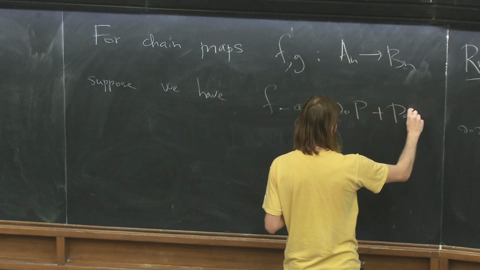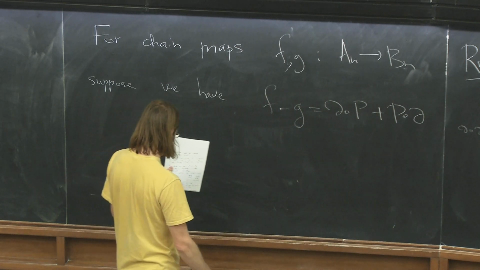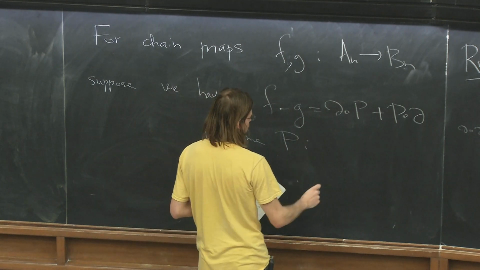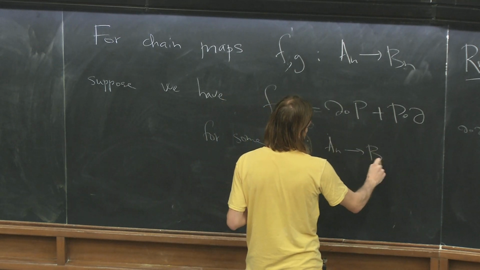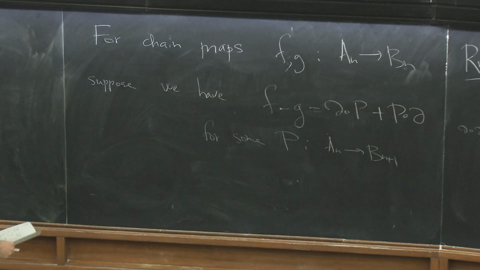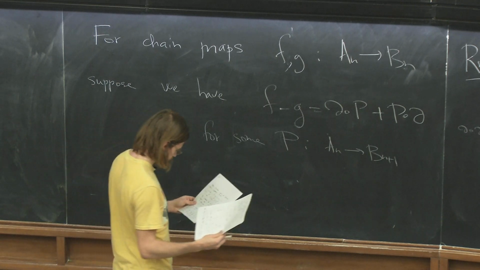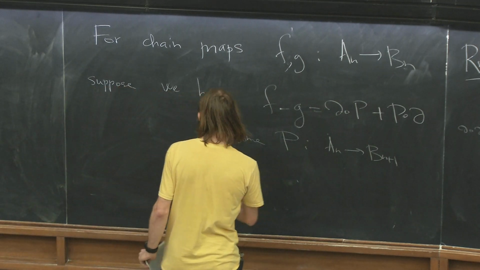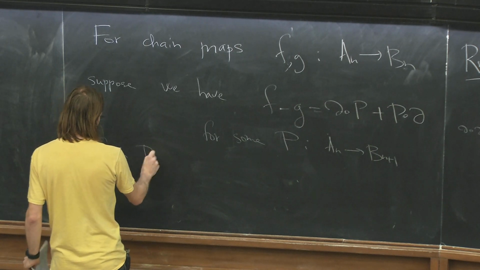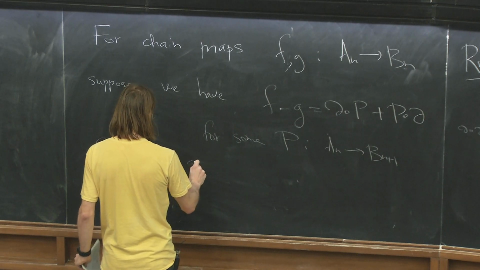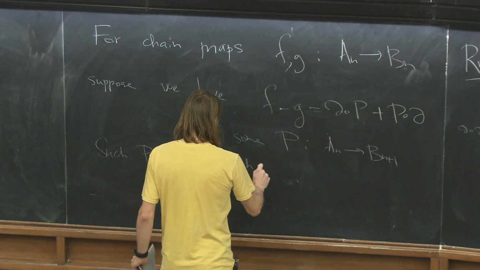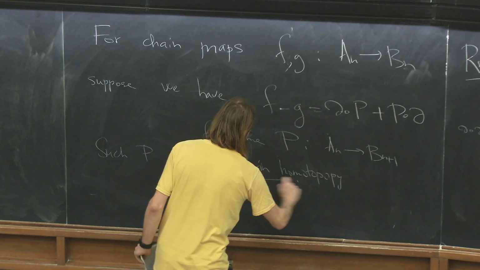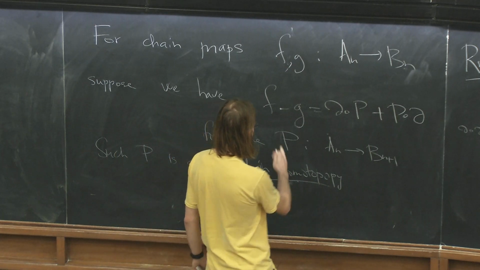Suppose their difference can be presented in this form, where for some homomorphism P from A_n to B_{n+1}, then such P in the general setting is called a chain homotopy between F and G.